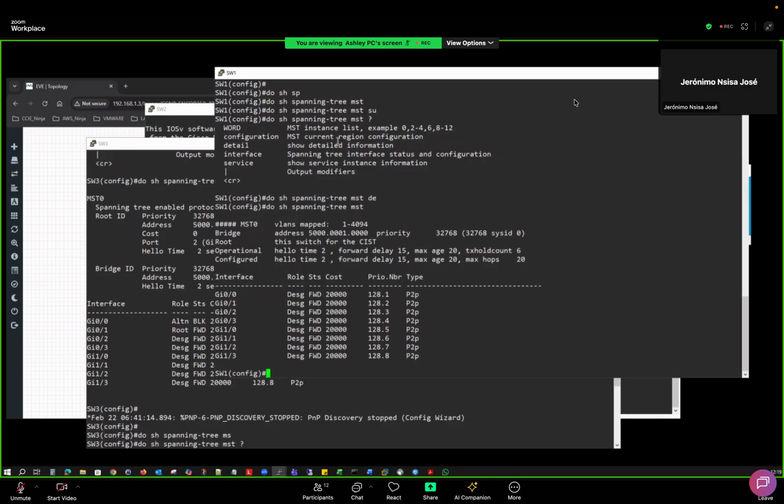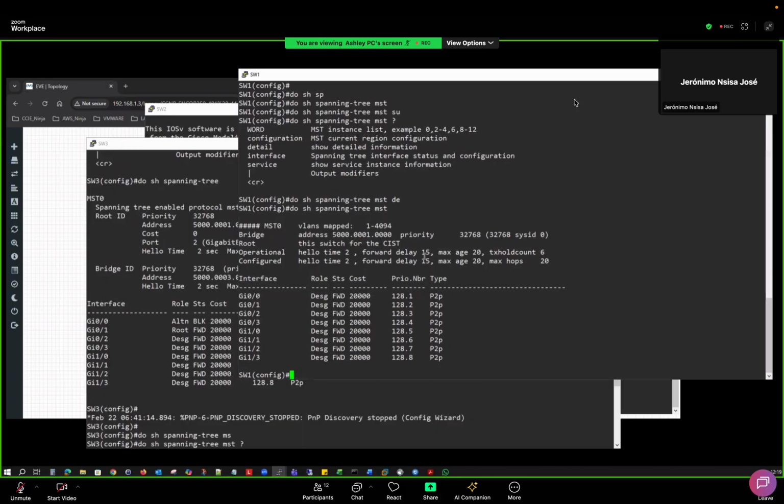I didn't understand. I'd like you to repeat again about the priority, because you are saying it's adding one more. What I'm saying is that right now instance 0 is running, which maps all the VLANs from 1 to 4094.